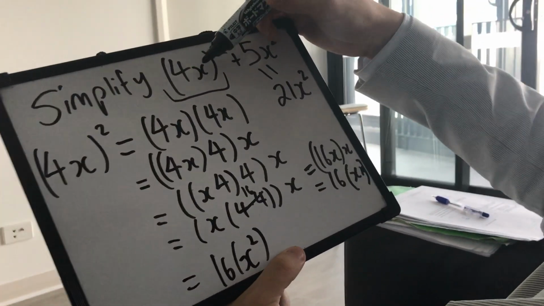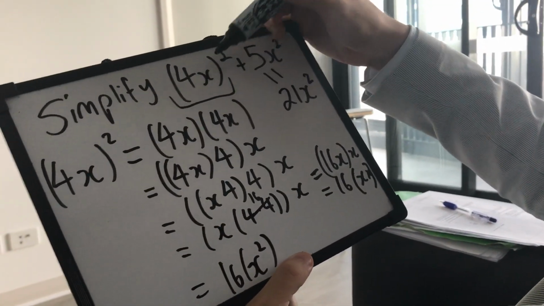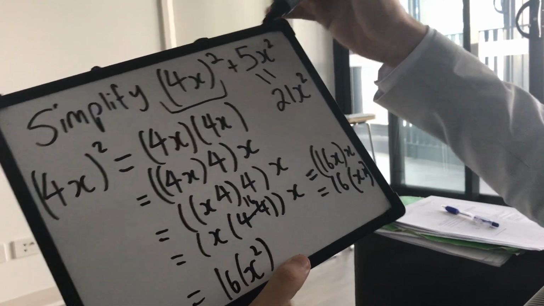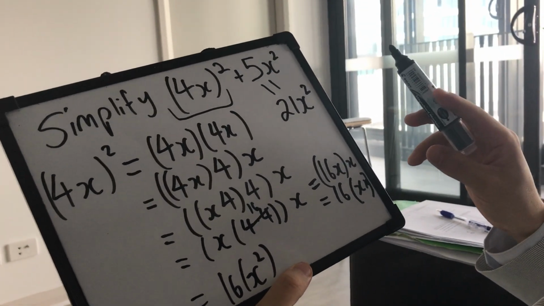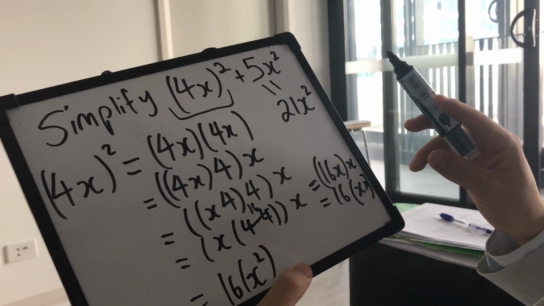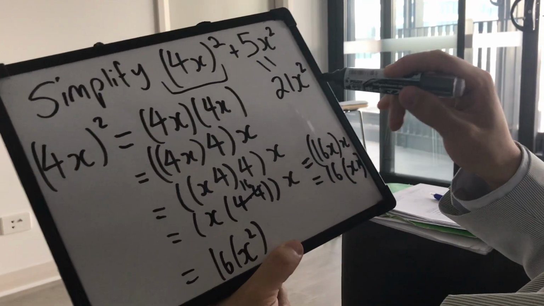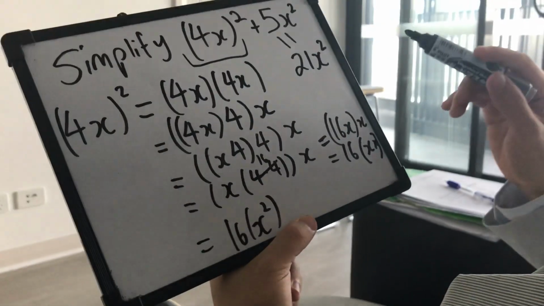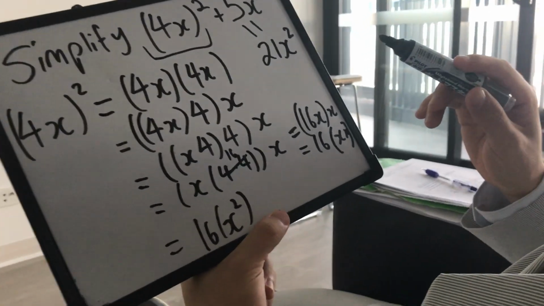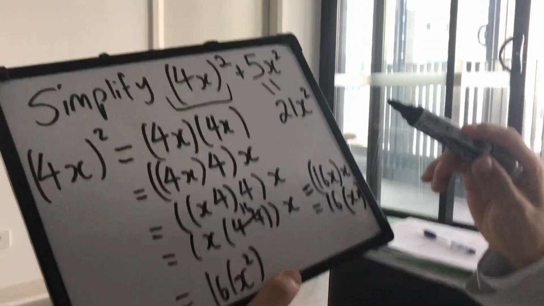Here, 2 times 4 is 8, 8 squared is 64, and 64 plus 20 is 84. So it's true for x equals 2 as well. But usually if you make a mistake, your first 1 or 2 values of x will make it very obvious that you've made a mistake.